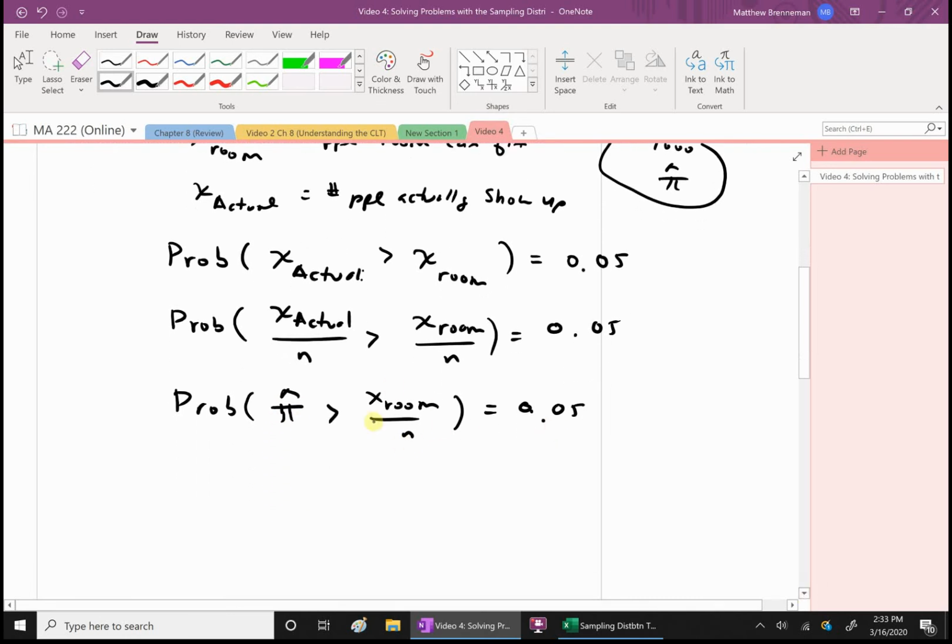This is the 5th percentile. So this is the 5th percentile for the sampling distribution, right? This makes sense. Well, actually this is the upper 5th percentile, right?